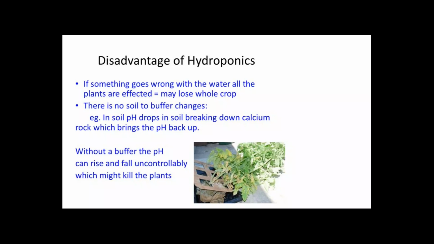The point is, soils act as a buffer to pH. It says in soil, when pH drops, breaking down calcium rock brings pH back up. Even things like manures and so on can act as buffers, but you don't have that in hydroponics.